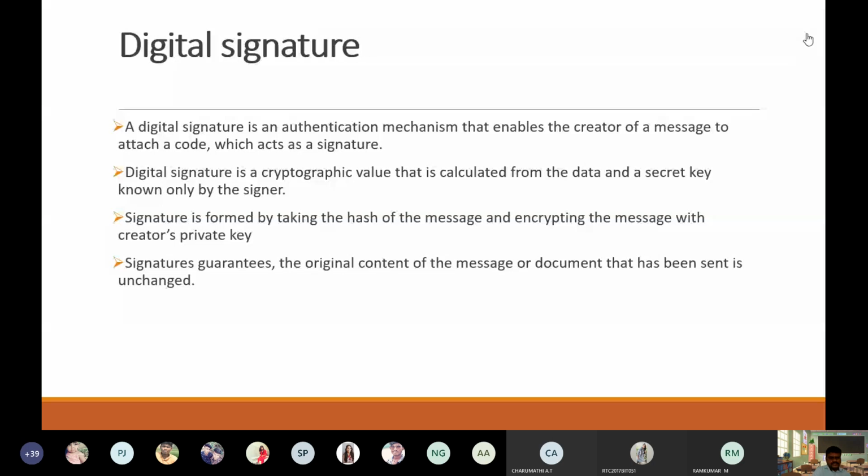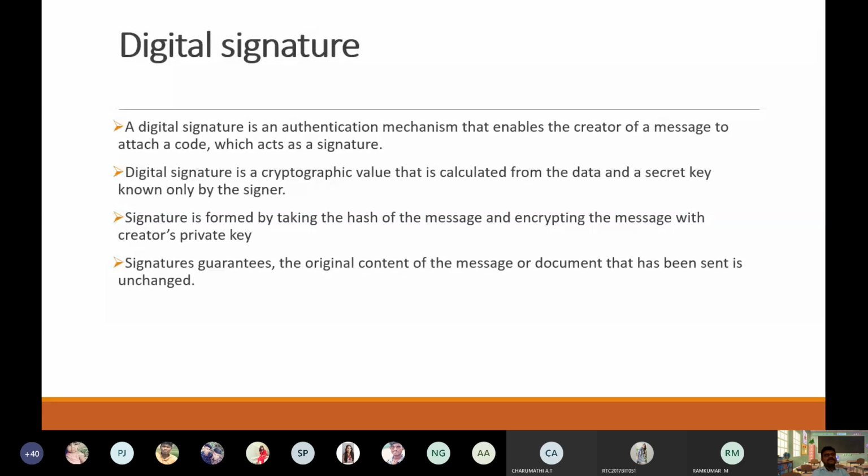Right. So digital signature. This is the main concept which we are going to see today, and it is an interesting one, right? Before entering into the digital signature concept, what is a digital signature? What are the practical applications where we use a digital signature? Clear?